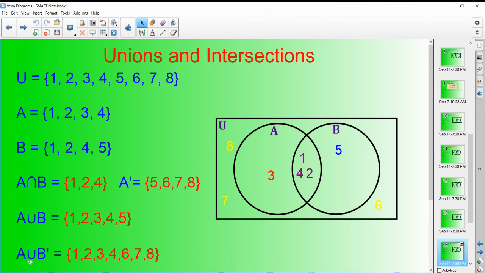So our set for A union B complement is 1, 2, 3, 4, 6, 7, and 8. 5 is the only one that breaks both rules. 5 is not in A, and 5 is in B, so it doesn't adhere to either of these rules.